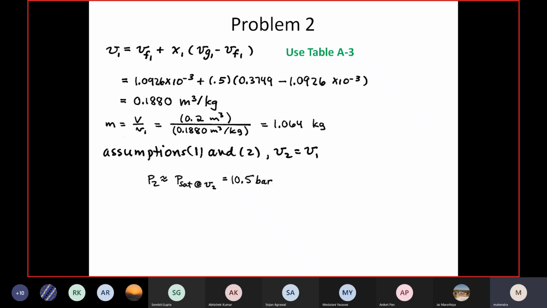Can anyone please confirm? Sir, in the table only pressure up to 8 bar is given. No, no, no, it is not like that.